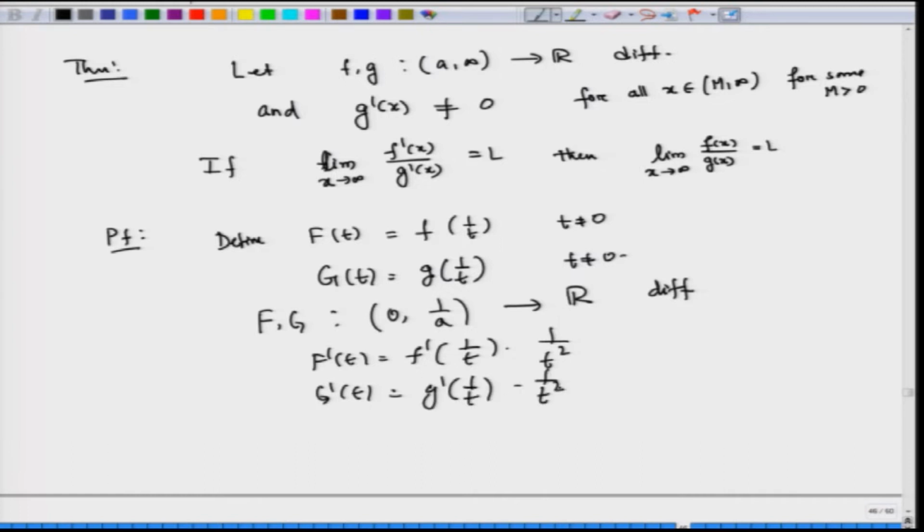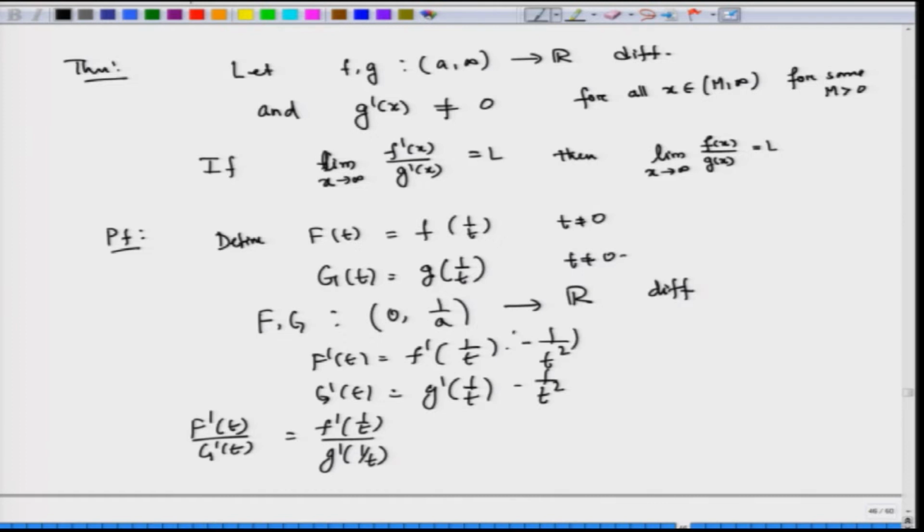Now, F prime of t by G prime of t is equal to f prime of 1 over t divided by g prime of 1 over t, because 1 over t square will get cancelled.